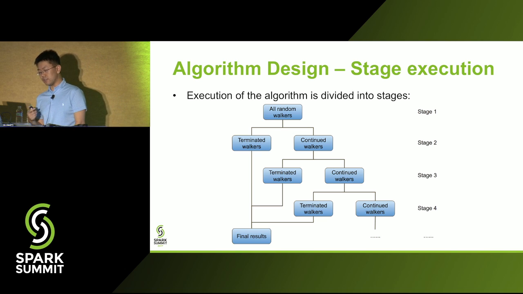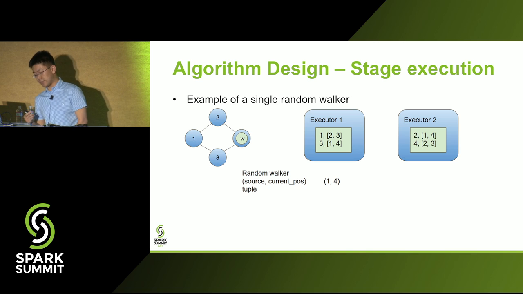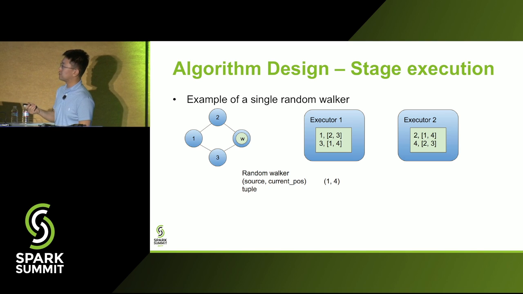Taking this simple graph as an example, this graph has 4 vertices partitioned into 2 partitions, which are stored on 2 separate executors. The random walker starting from vertex 1 on executor 1 decides to move to vertex 3 and then 4. The intermediate steps of this random walker are recorded as pairs of vertices.